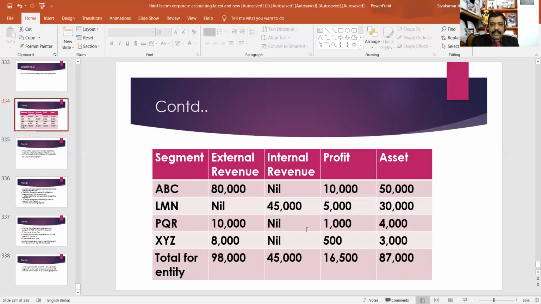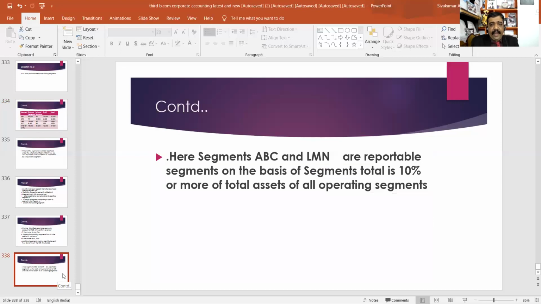That means on the basis of condition 2C, you may again conclude that segments ABC and LMN are reportable segments. On the basis of all conditions, whether 2A, 2B, or 2C, only segment ABC and segment LMN are reportable segments.